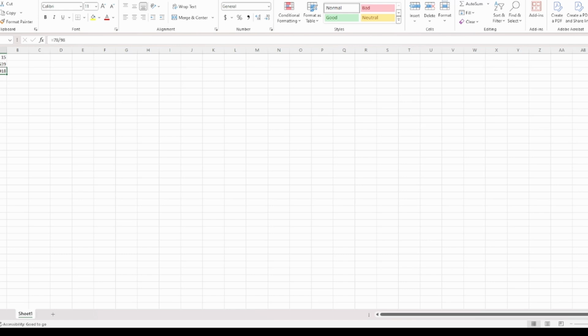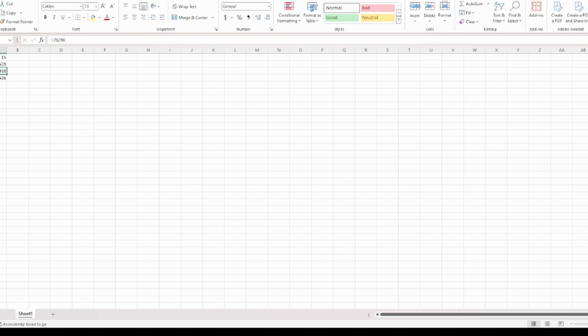I use a slash, and I can do division. I can do exponents. I can say, what's 4 raised to the 8th power? I use a caret. One thing to note, I can do whatever I want as if I had a calculator in here.